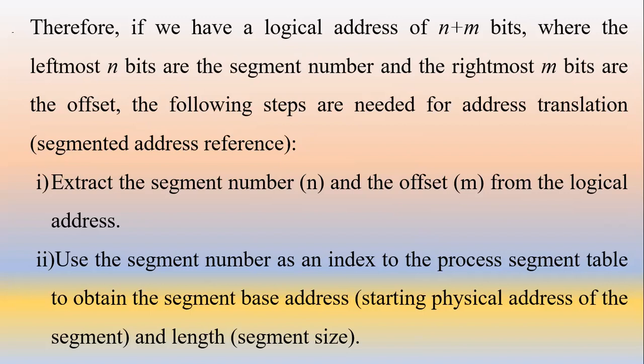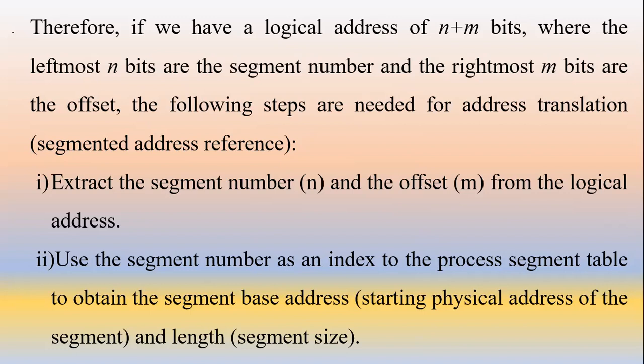And therefore, the offset, which is m, will become 18 minus 6, which gives you 12. And therefore, the segment number will be 6 bits, while m will be 12 bits.